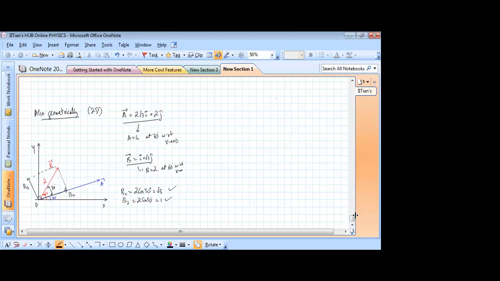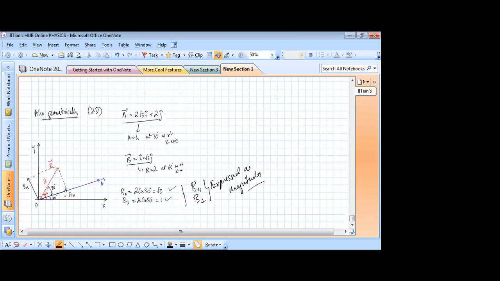So these components here, B parallel and B perpendicular, are expressed as magnitudes. And their direction is shown in the diagram. One is along A and one is perpendicular to A.